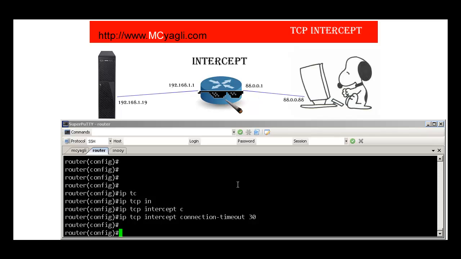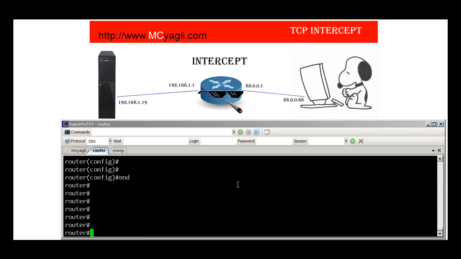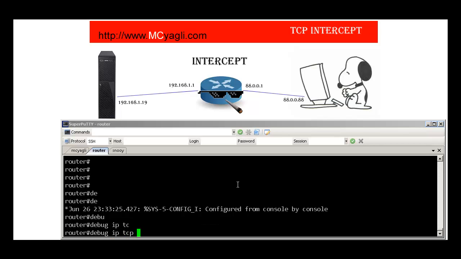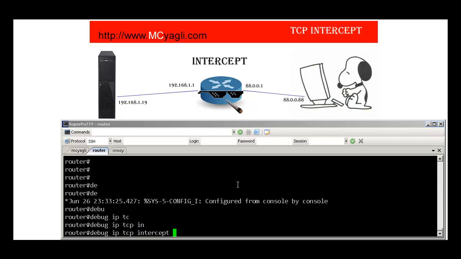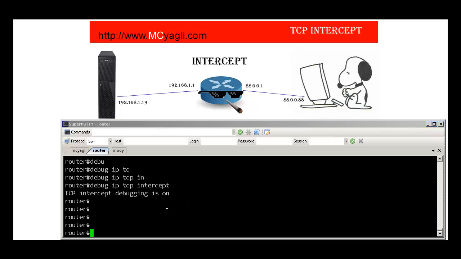I reckon we are done with the configuration, so I'll do debug ip tcp intercept, because I want to see the packets. I want to see what is happening. This is my command here, debug ip tcp intercept.